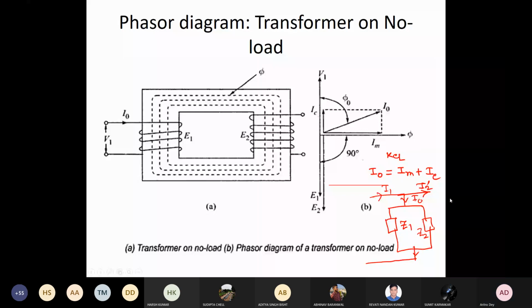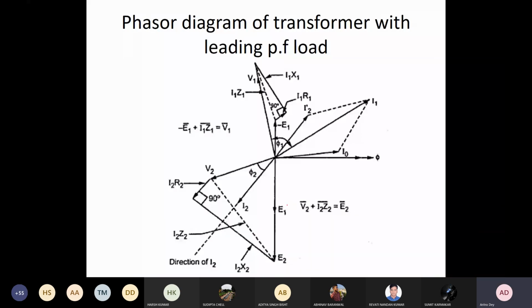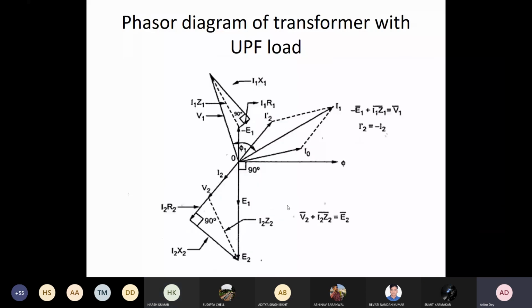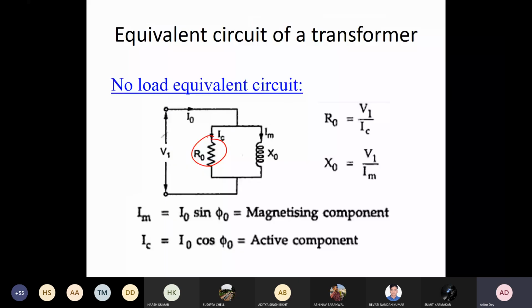If it is an ideal case, there should not be any IC. So directly we can put it as XM, and your R1 you can omit, like the way you have done your open circuit short circuit test. You can ignore the R1 part. You can simply put this, and another is for your secondary reactance.